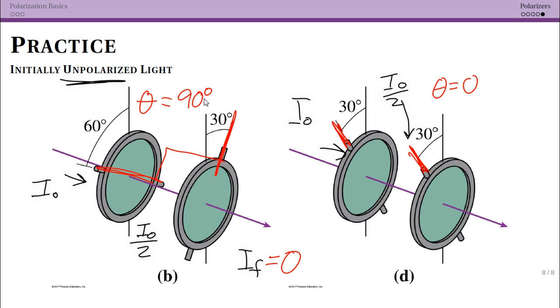So theta here equals 0. So our final intensity in this situation is just I naught over 2. We don't have our full intensity, but that's simply because we've lost some intensity going from unpolarized light to polarized light. So I hope that this is kind of a concrete example for how to think about some more complicated situations, at least with two polarizers where initially you have unpolarized light.